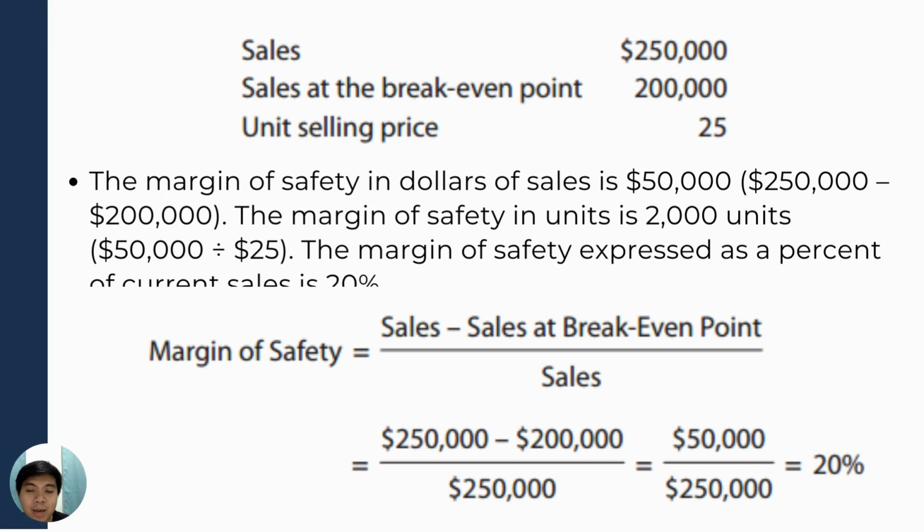The margin of safety expressed as a percent of current sales is 20%. How do we compute it? First is sales, which is 250,000 minus sales at break-even point of 200,000.